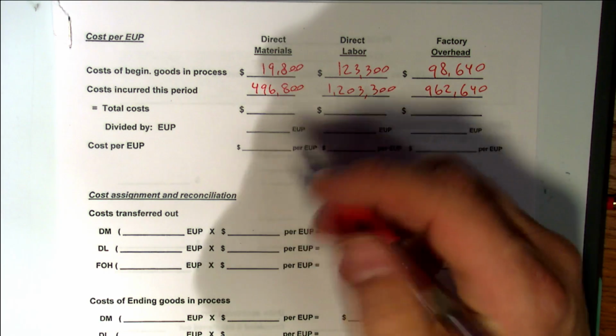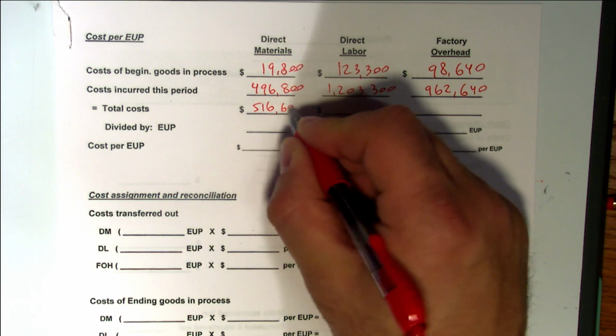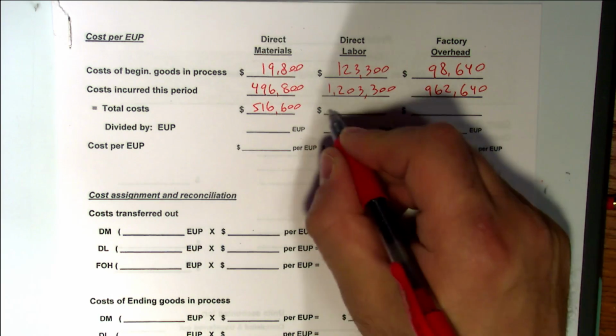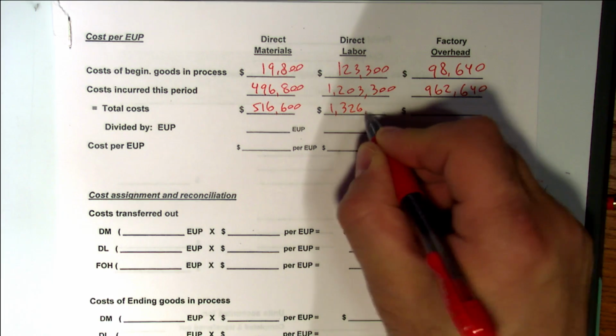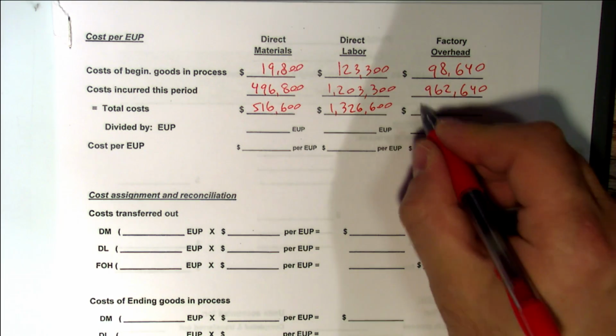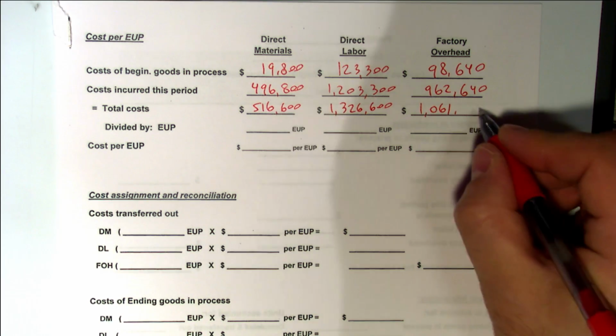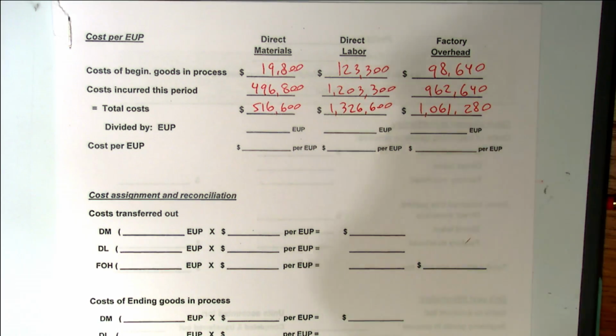Add these up, and we get 516,600, 1,326,600, and 1,061,280.